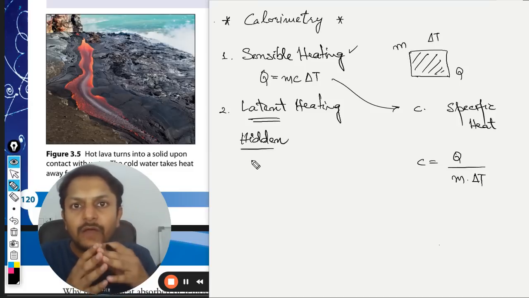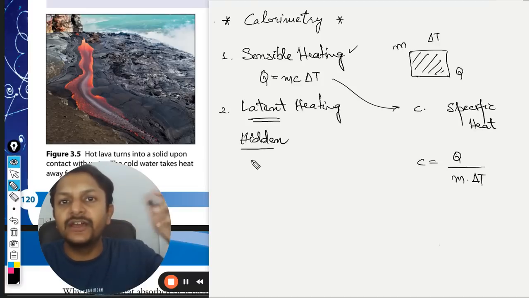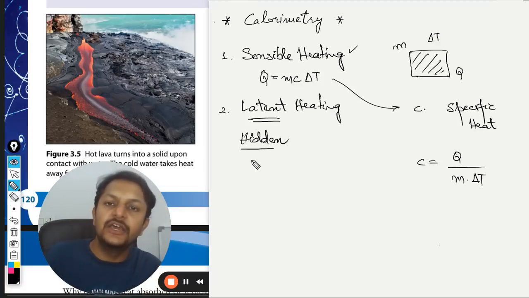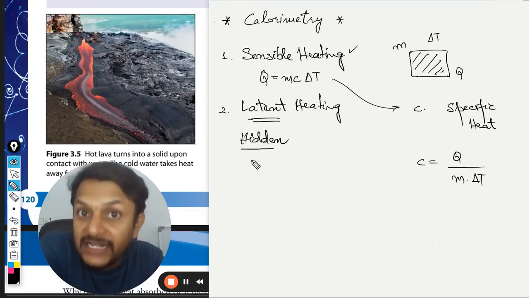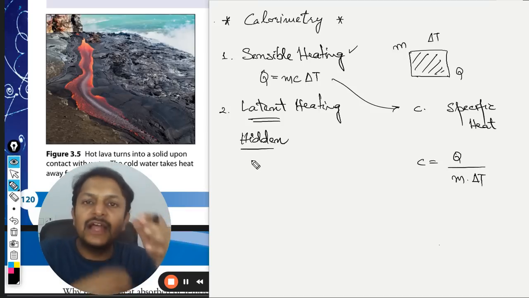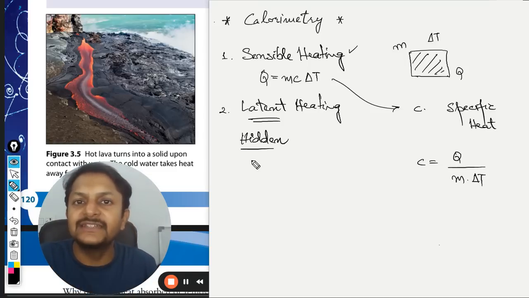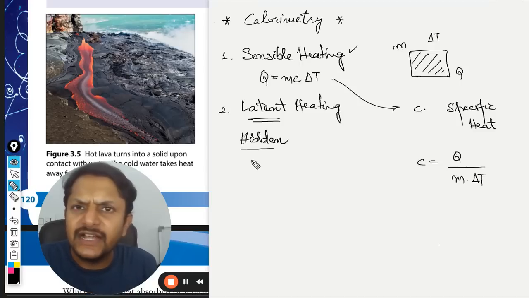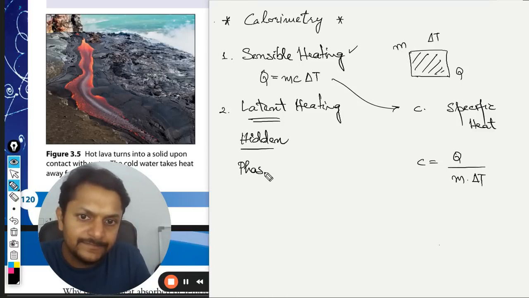Because we are providing heat to the body, but the corresponding rise in temperature is not taking place. So where is this heat going? We don't know. That is why it is known as hidden heat, isn't it? So latent heat means that we are indeed providing heat to the body, but the corresponding rise in temperature is not seen. So what is actually happening to the substance? Phase change is coming into the picture.